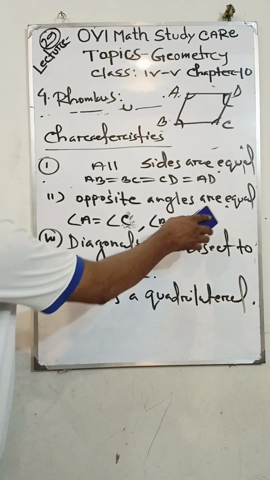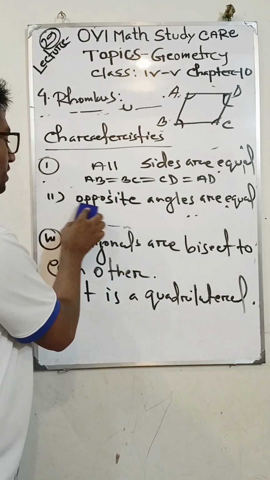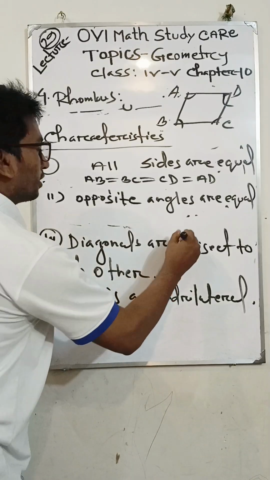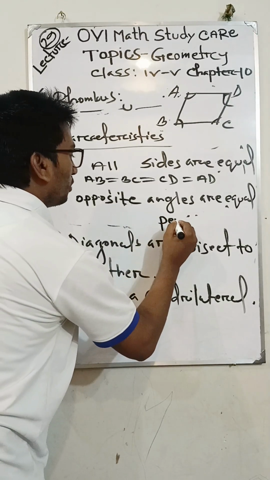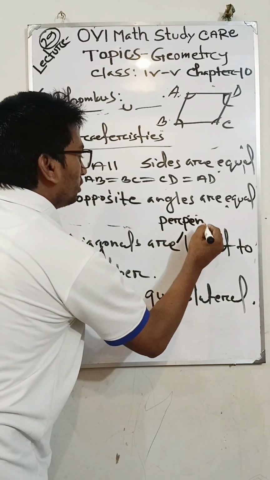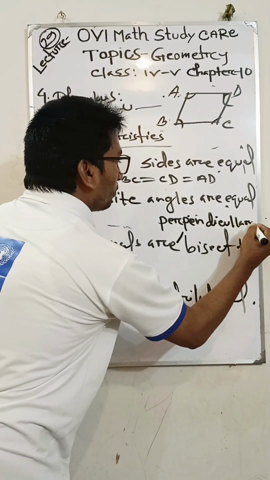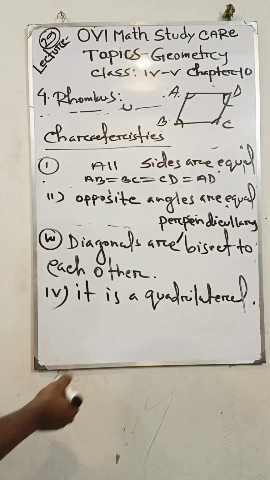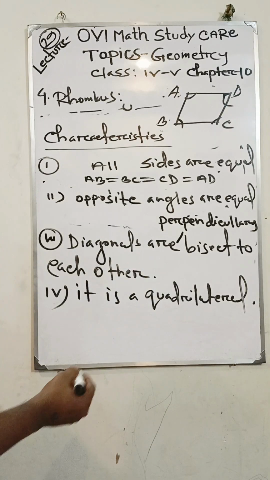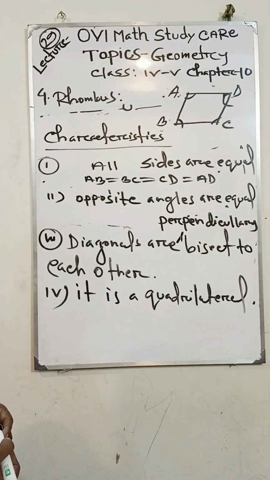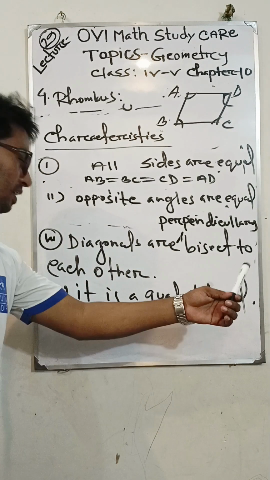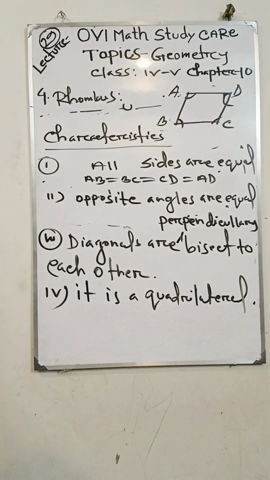Perpendicular is a new word. The diagonals perpendicularly bisect each other. It is a quadrilateral, the same characteristic as before.